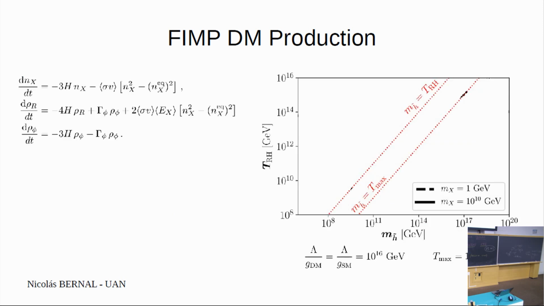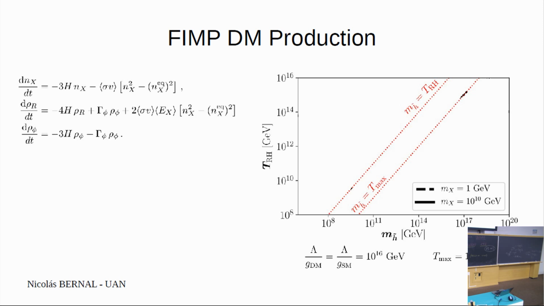Okay, so here I'm showing you a plot of T reheating as a function of the mass of the spin 2, right? And the lines I will show you correspond to the values of T reheating needed in order to reproduce the observed dark matter abundance via this FIMP mechanism. So what I have to do is to solve this set of 3 Boltzmann equations.